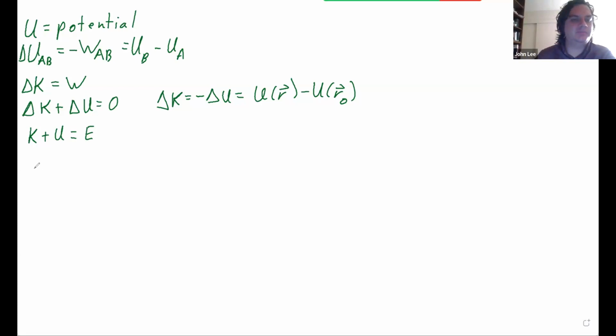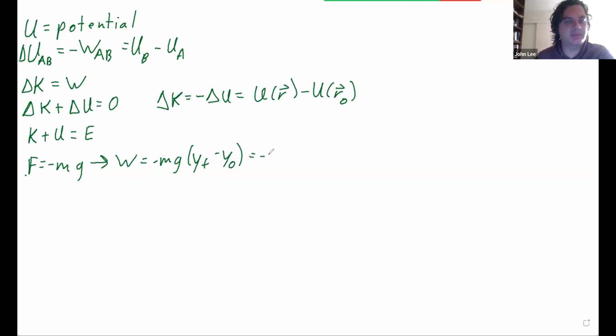So, for example, last week we saw that if we had a force of negative mg, then the work done would be equal to negative mg times y final minus y initial, which is equal to negative mg times h, where h can be positive or negative, but just refers to the height at a given time.